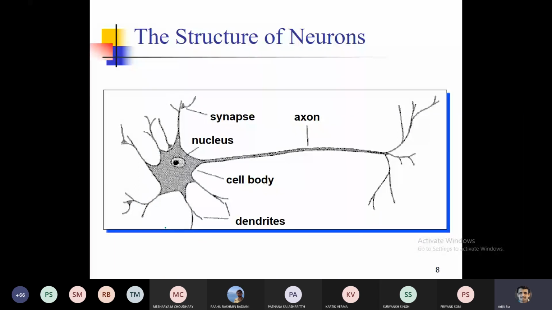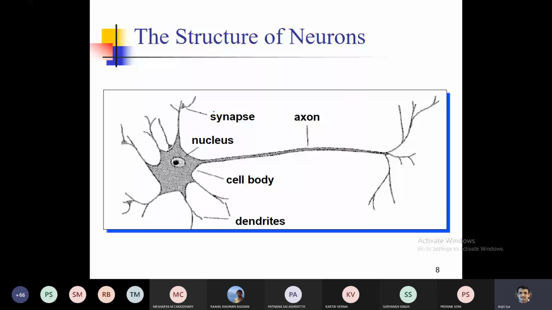Now this is the important part, the structure. As you see, it is a very simplistic, primitive diagram of a neuron.